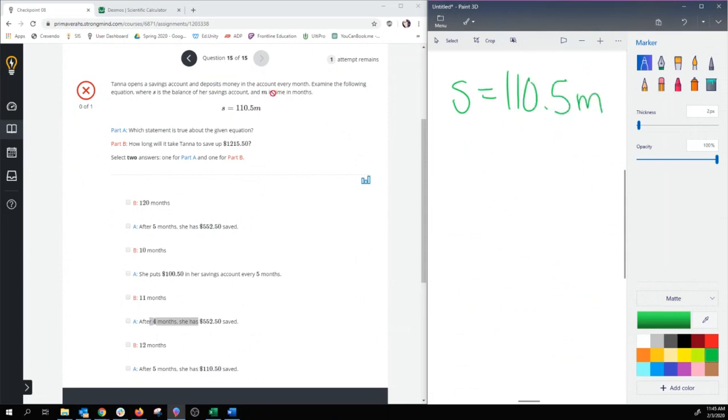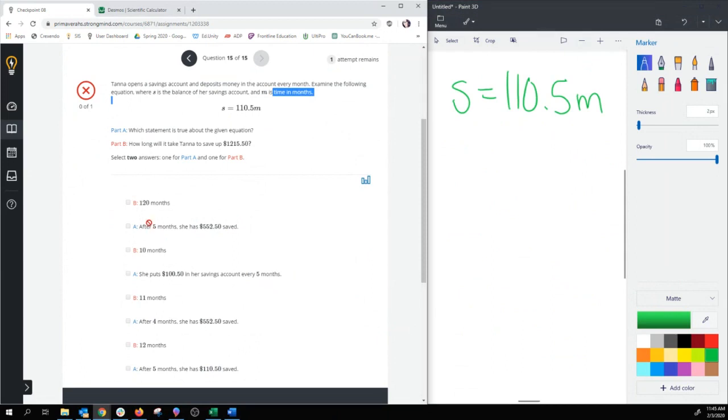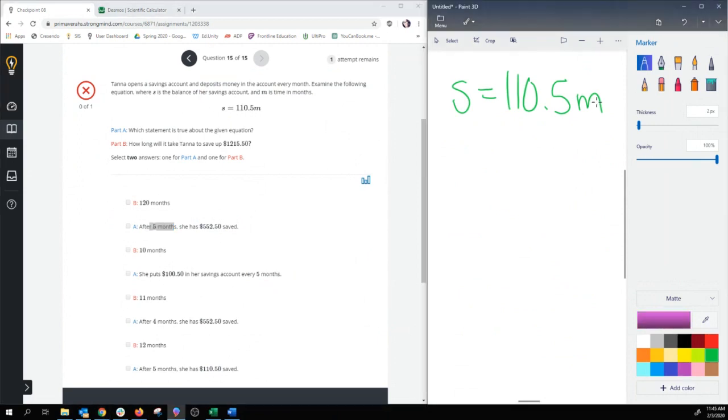M is time in months, right? If I want to know how much money she has after 5 months, am I going to replace S or M with 5? Remember, it's 5 months. S is her balance and M is number of months. So M, perfect. I'm going to take 5 and put it in place of M.